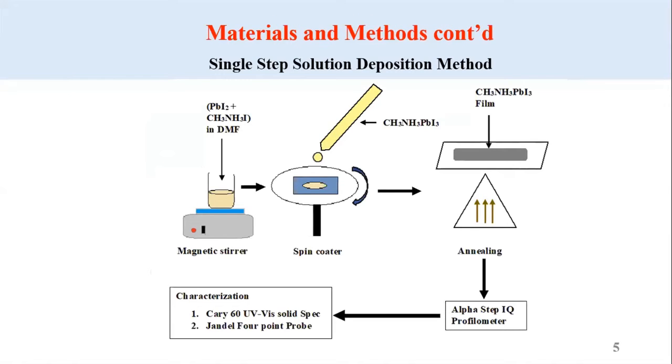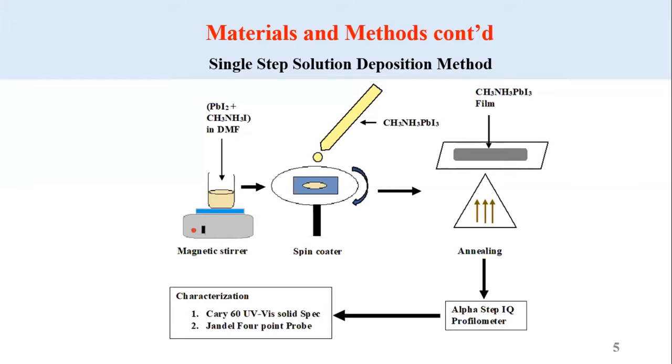In single-step solution deposition method, we started by preparing methyl ammonium lead iodide precursor solution by dissolving lead iodide powder in methyl ammonium iodide. And then we deposited our films using spin coating method. And later on, we annealed the films using different annealing temperatures ranging from room temperature to 170 degrees Celsius.